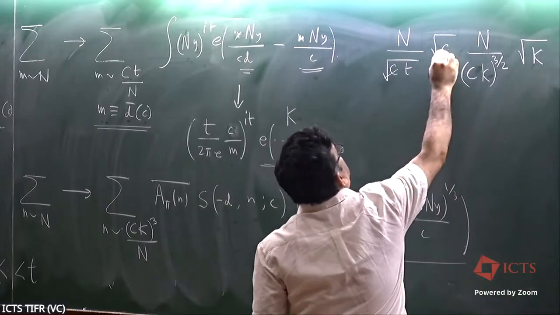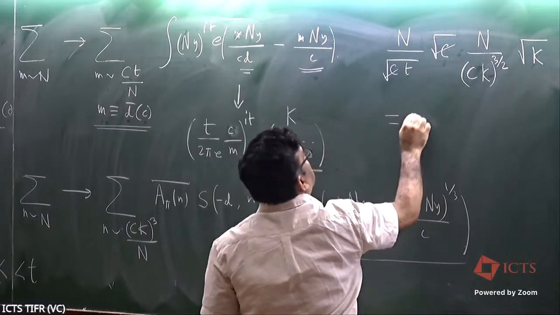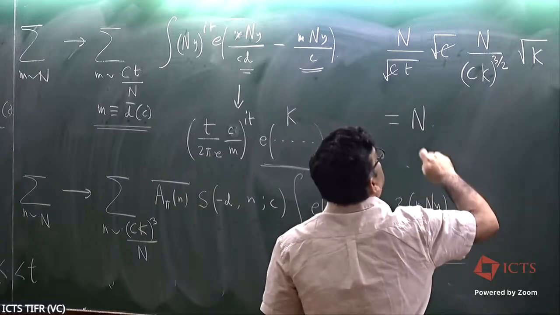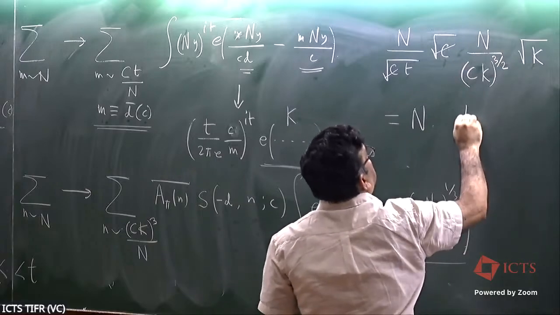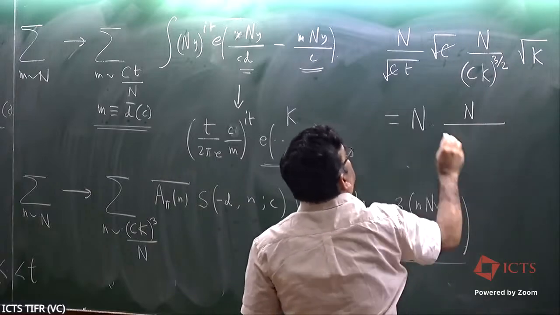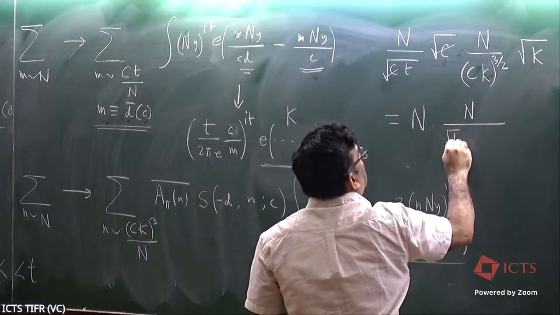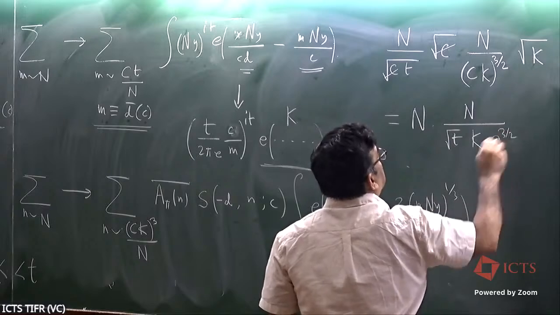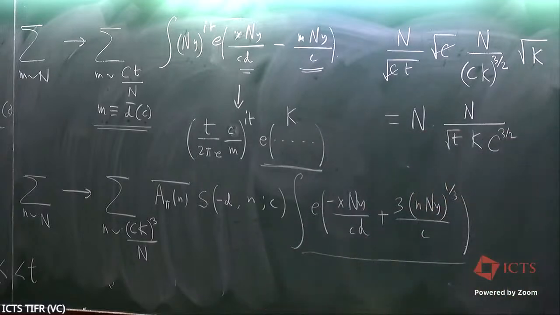So cancel C, square root of C. The N is something that you wanted to save and something extra. I have an N, you have a square root of T, you have a K, and you have a C to the power 3 by 2. So this is how much you have saved.